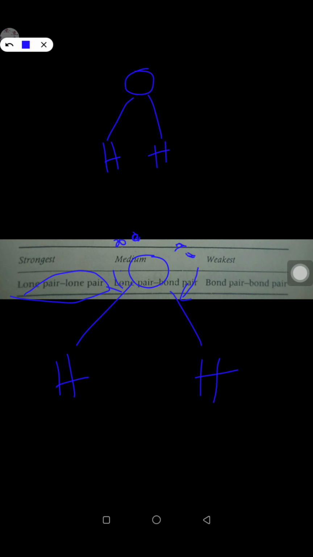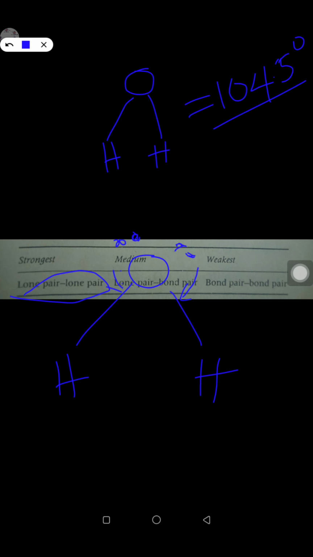But with two lone pairs of electrons, I expect a smaller angle. So actually, the angle between them is about 104.5 degrees. So the bond angle is 104.5.